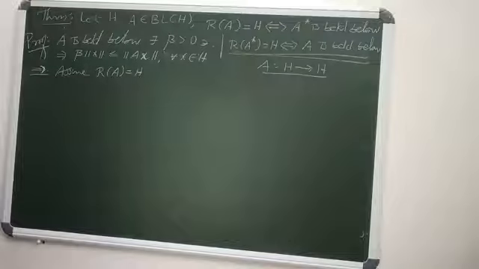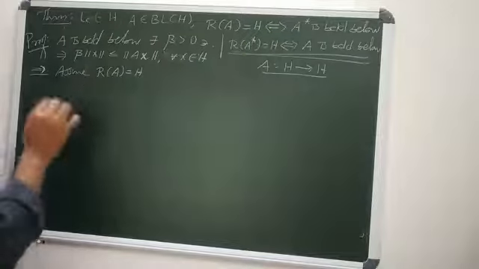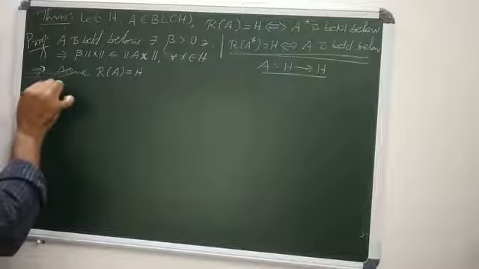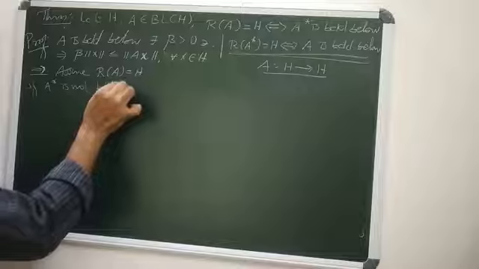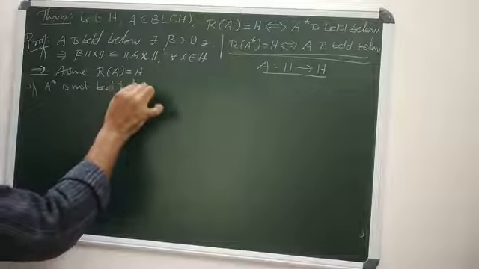If possible, suppose A star is not bounded below. What happens here?